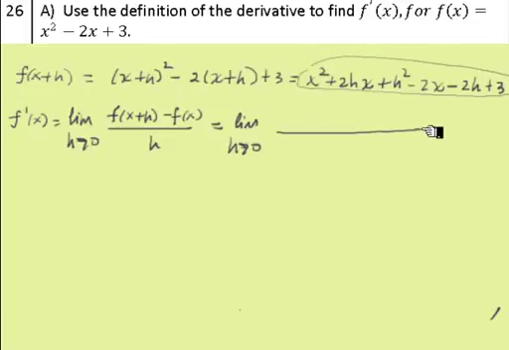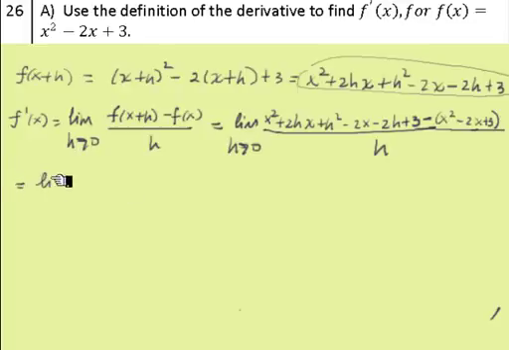We're going to put all that here. And now subtract f of x we have right there. The parentheses are important because this negative applies to the entire x squared minus 2x plus 3.